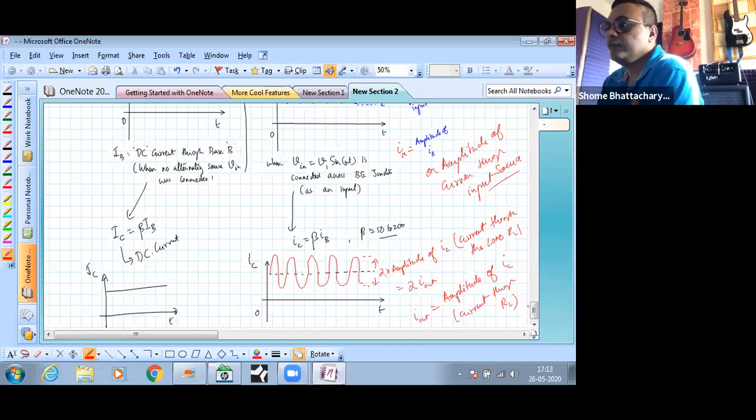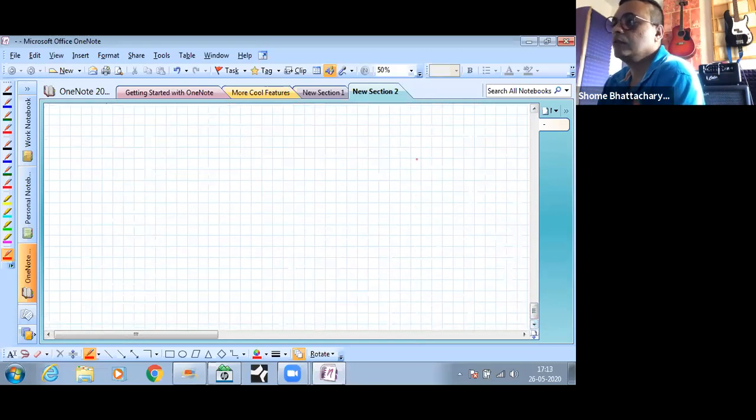Okay, so now let's understand the formula for the relationship between output current and input current.